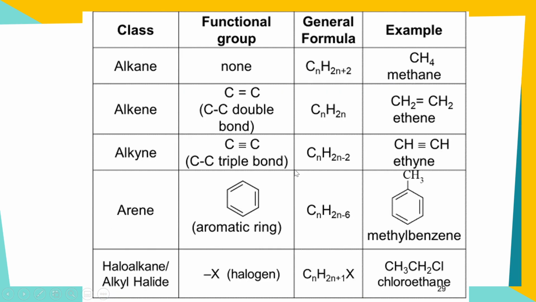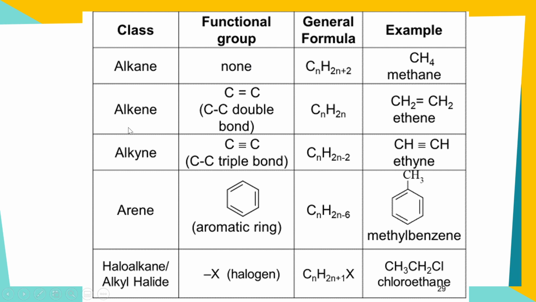Okay, now let's look at this. We have a functional group and a class of compound. They are different. For alkane, it does not have a functional group because it only contains carbon and hydrogen.